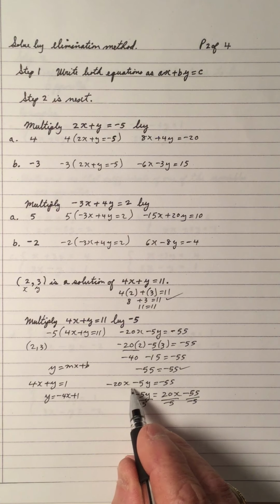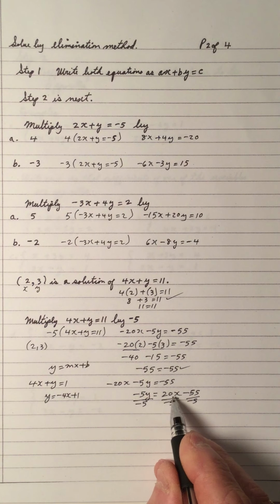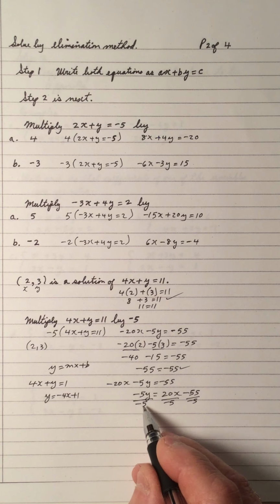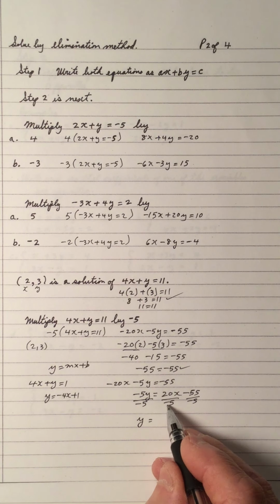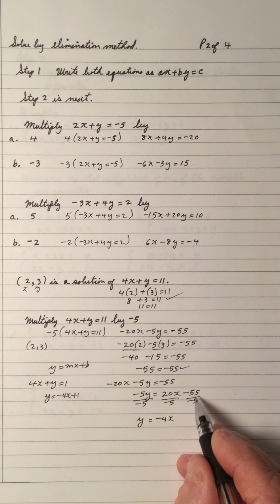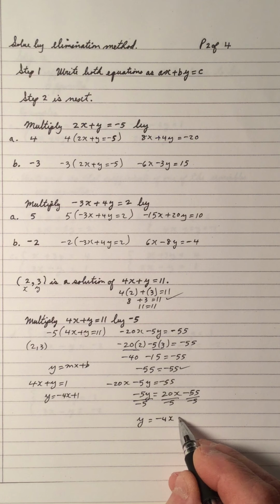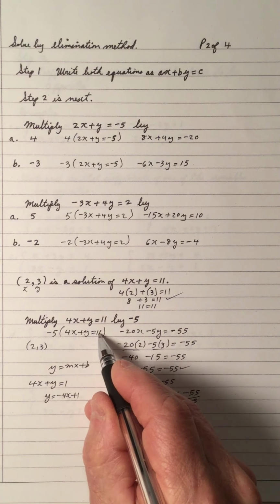I'm solving this one for y equals mx plus b, so the 20x moves to the right side to become negative. And we divide by negative 5, negative 5 divided by negative 5 is a 1. 20 divided by negative 5 is negative 4x. And negative 55 divided by negative 5 is, see?